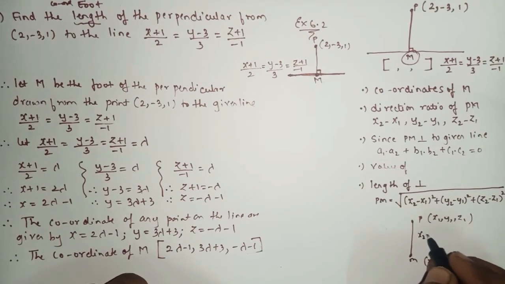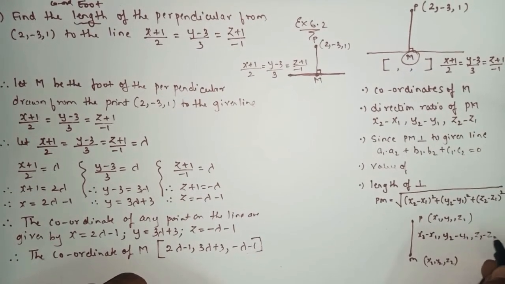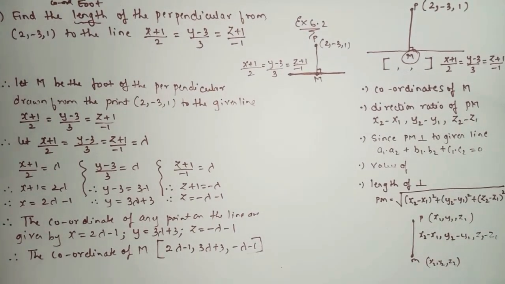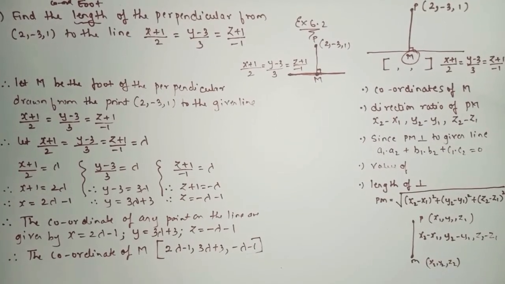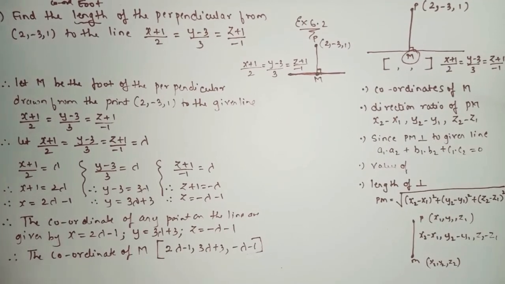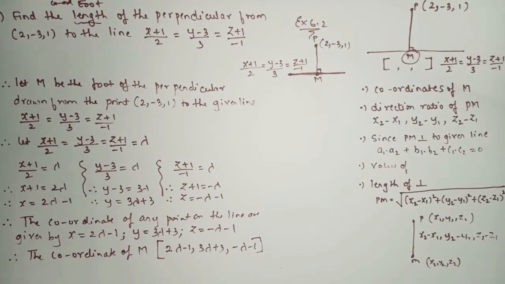So here we'll consider P as x1, y1, z1, and M as x2, y2, z2. You just have to follow this step to get the answer. There are no other rules, techniques or concepts to solve it.